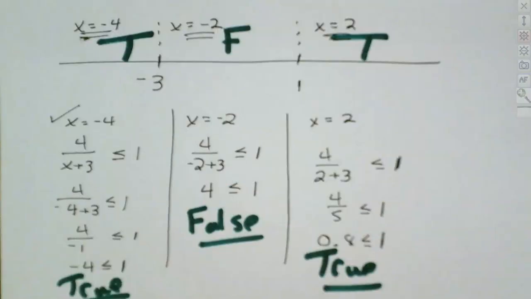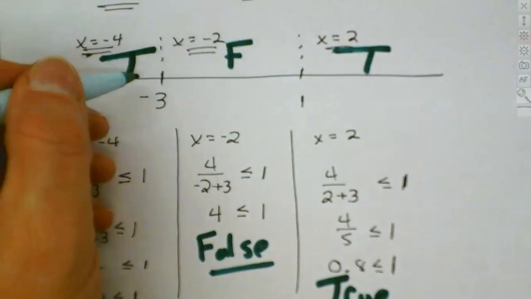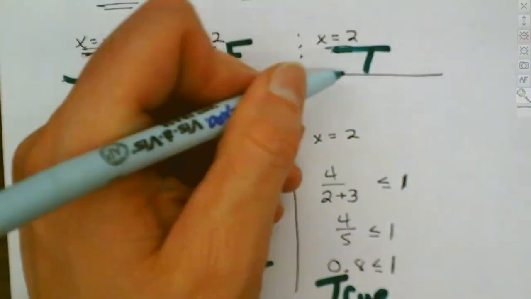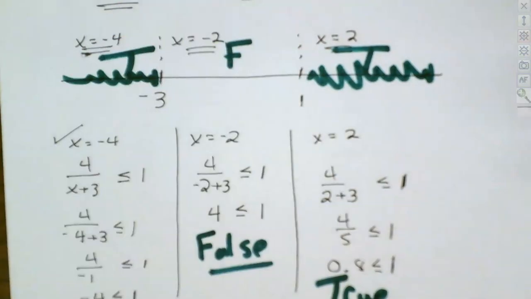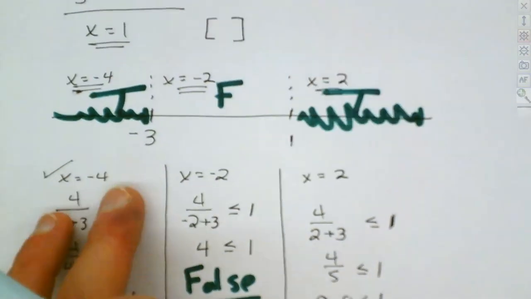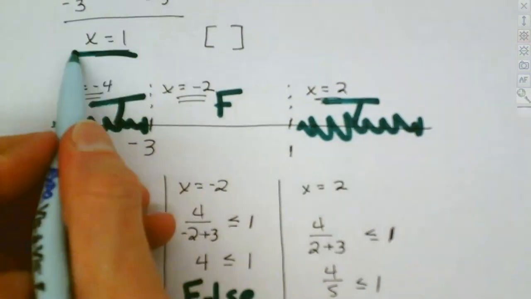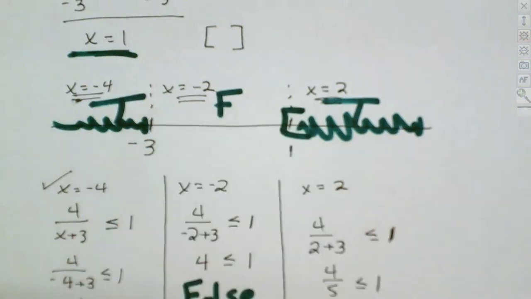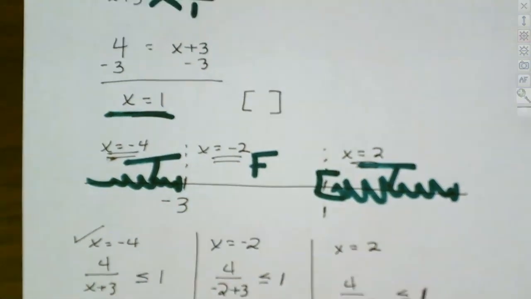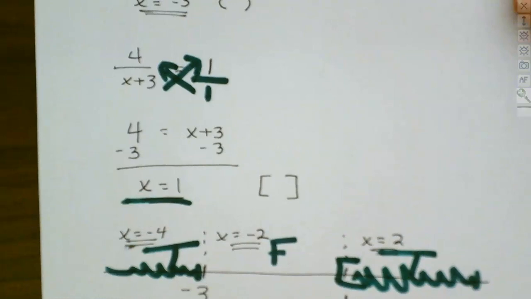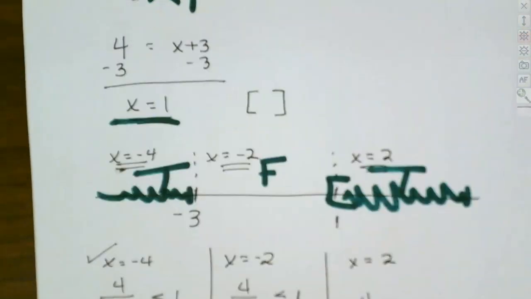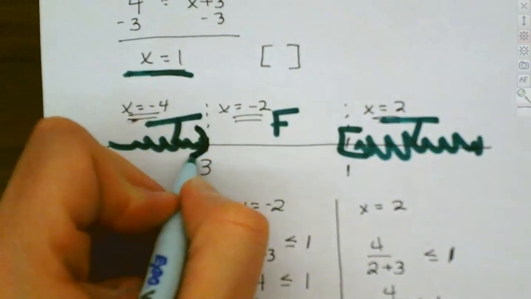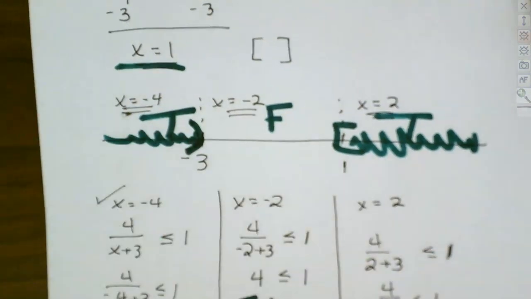Where do we now shade? When we go back up, we shade here. We shade over here. Now, what do we know about the 1? 1 gets square brackets. And what about the -3? We go back up and look. -3 came from the domain, so it gets parentheses. And what does the answer look like now?